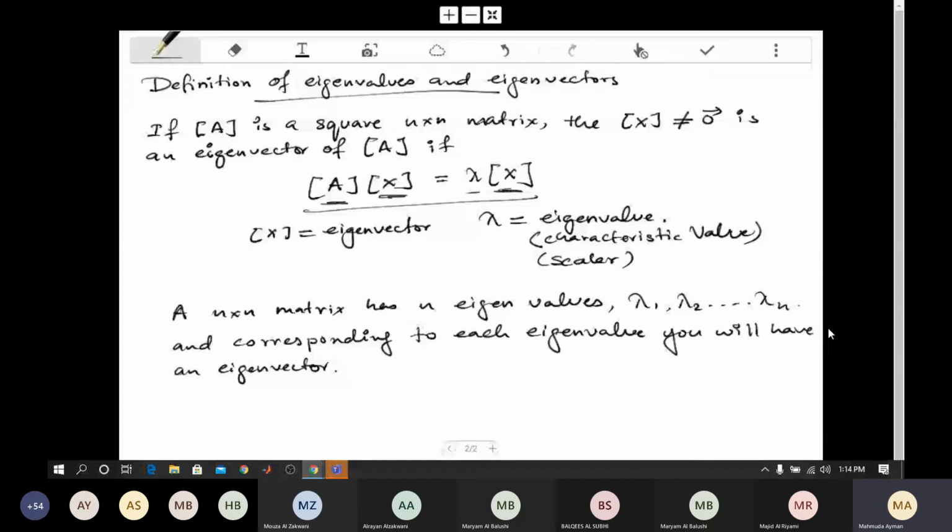And this scalar multiple is the eigenvalue and the x is your eigenvector. If you have any doubts, please let me know. And also we said that an n by n matrix will have n eigenvalues, and each eigenvalue will have its own corresponding eigenvector. That's the definition that I said over here. If you do not understand, please let me know.